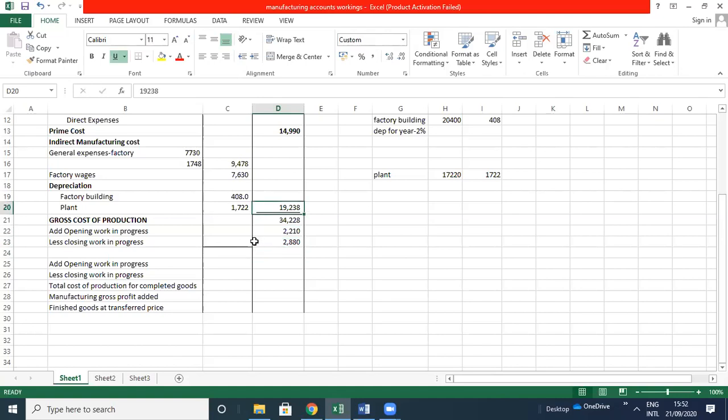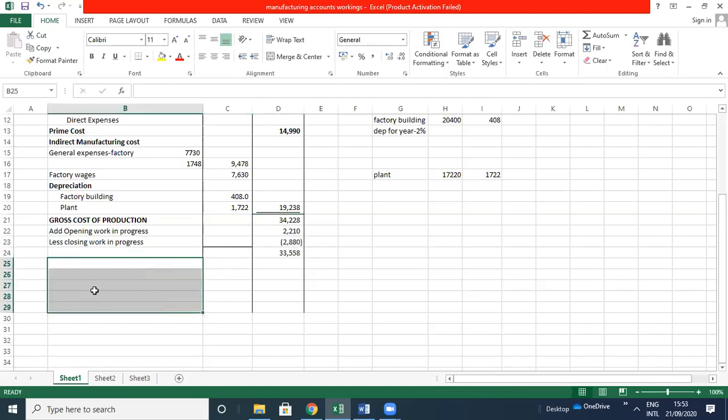And therefore, when you less that, you will get a figure of 33,558 as the cost of production. You can simply call that total cost of production. Cost of production, right?